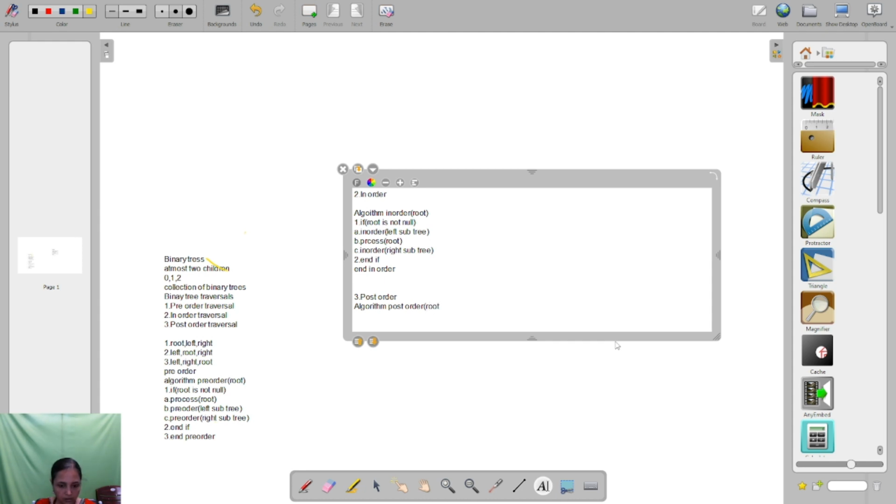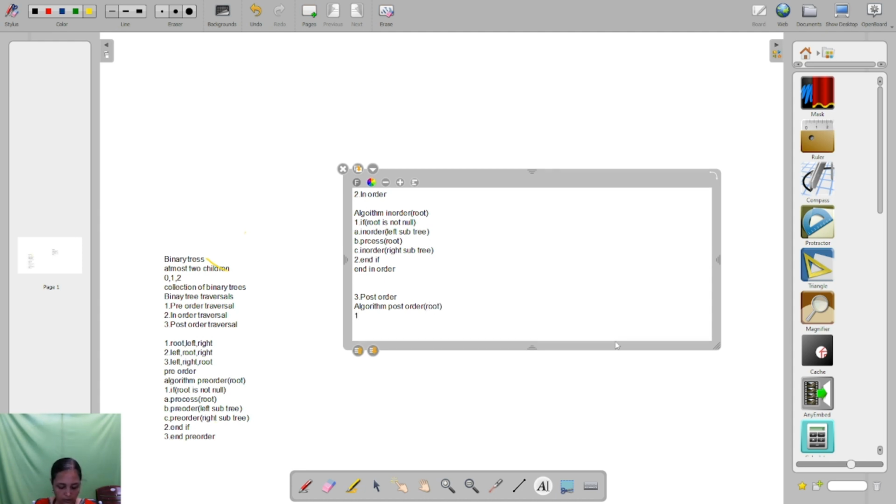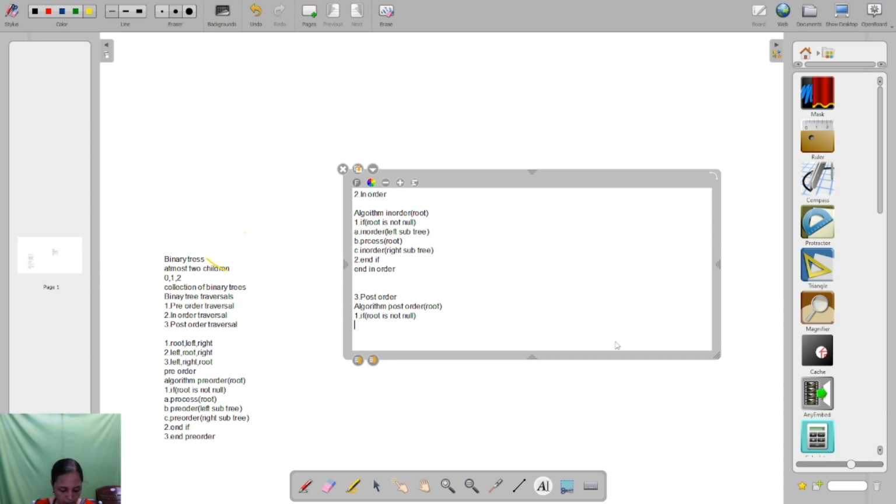Here we visit root. The first step is, first you check if root is not null. So what are the conditions? This condition is true means what is the rule for post order? First you visit left, next right, and last we visit the root.